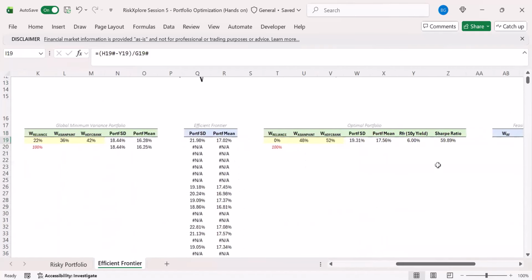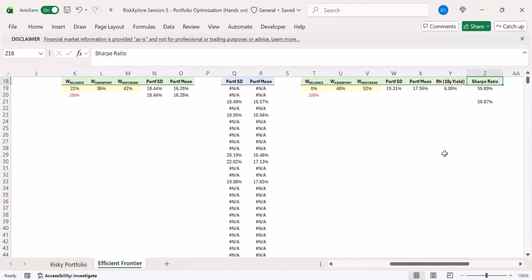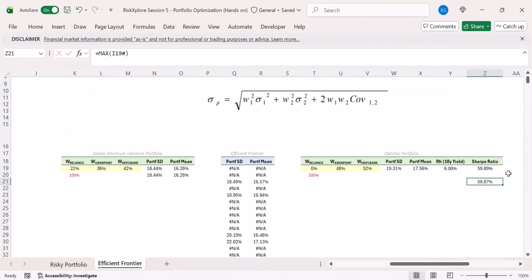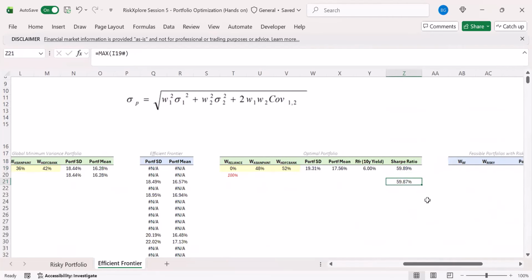What we can do is we can find out the maximum Sharpe ratio that we have in this. So what is the maximum Sharpe ratio that we have here? You can see that they are very close to each other. As we increase the number of simulations, they will almost become equal, right? So without relying on solver as well, we can find out based on the simulations that this is the maximum Sharpe ratio. And against this, what are the weights?